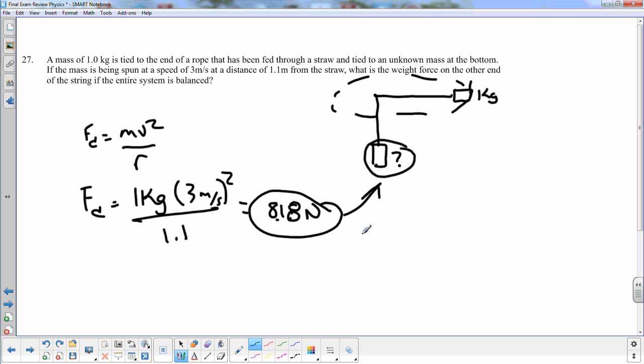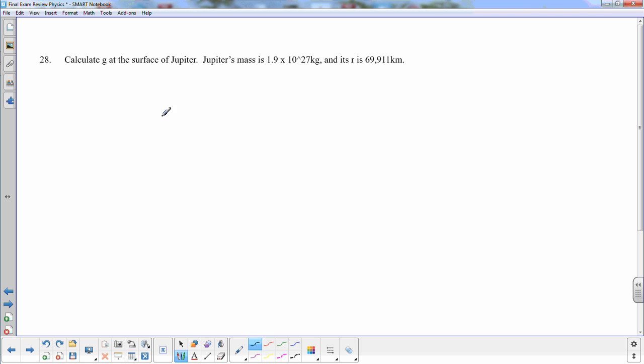the negative 11 times 1.9 times 10 to the 27th, all over the radius, 69,911 kilometers. We need it in meters. And then you're going to have to do some parentheses and stuff like that.